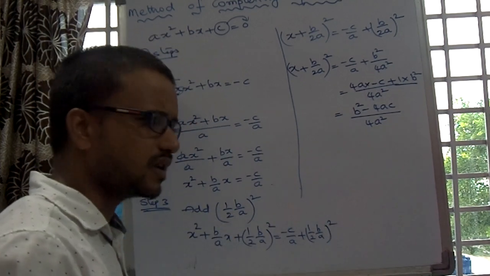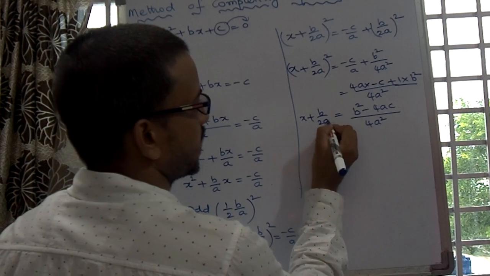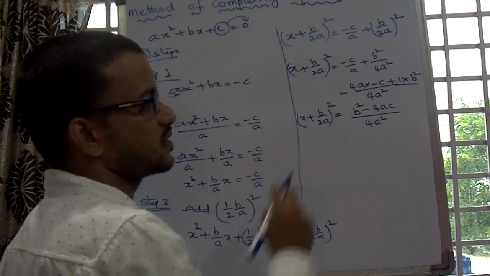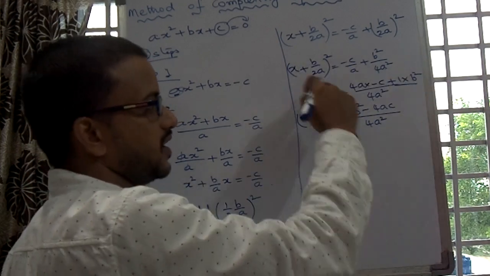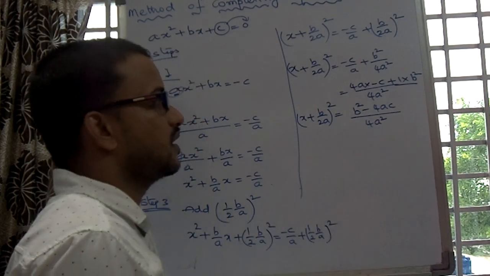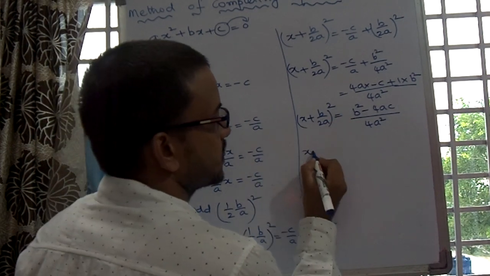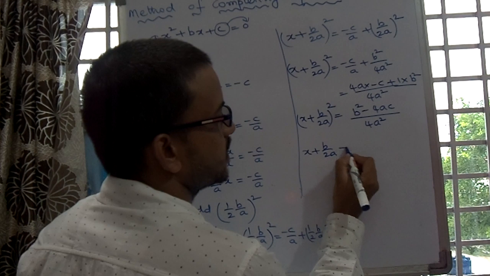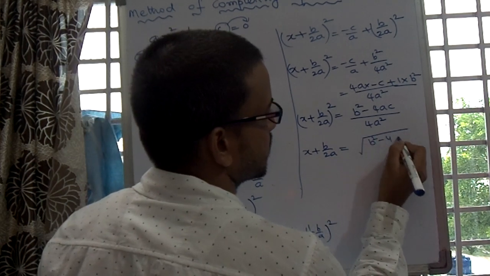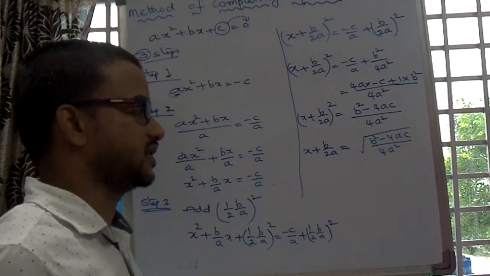Now this value is equal to x plus b by 2a whole square. Our intention is to find the value of x. So the square goes to the other side of the equation as a square root. That is, x plus b by 2a is equal to under root of b square minus 4ac by 4a square.